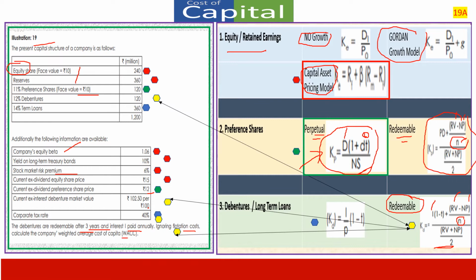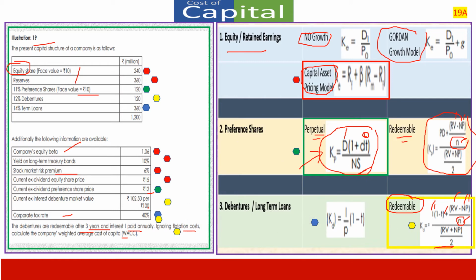Coming to debentures, we have the interest. We have the tax. Corporate tax is available. Its current price is given. Redemption value is also given. Duration is given. We can make use of this formula for the sake of debentures.